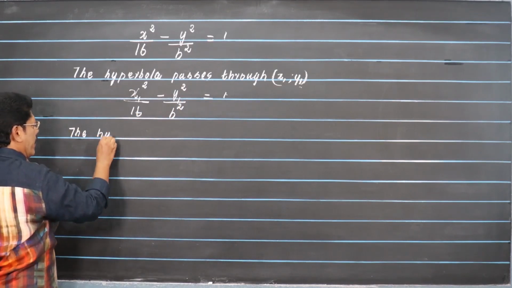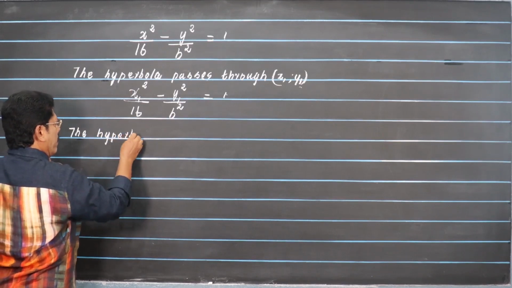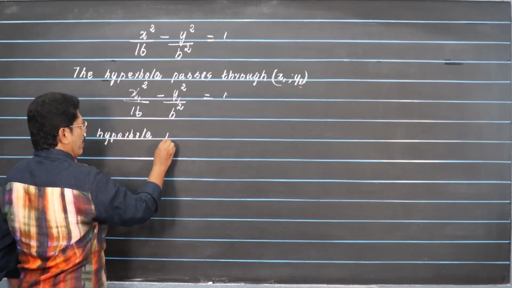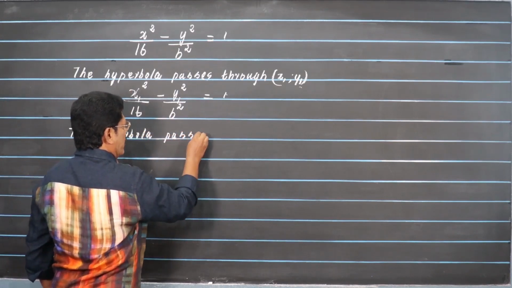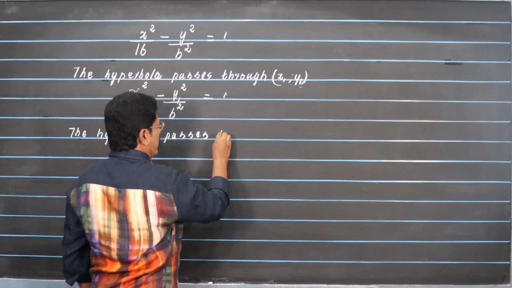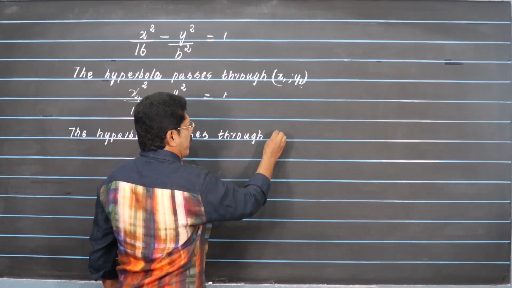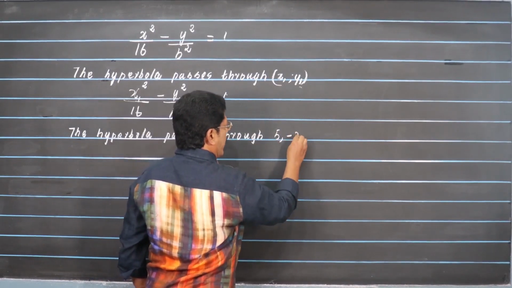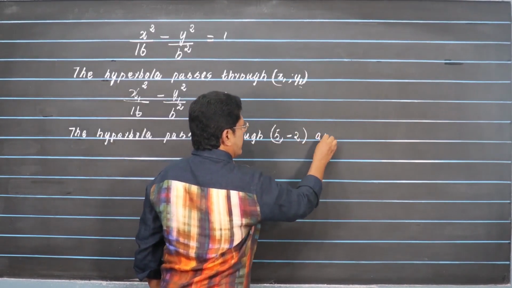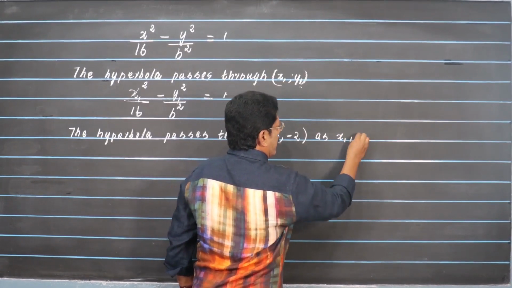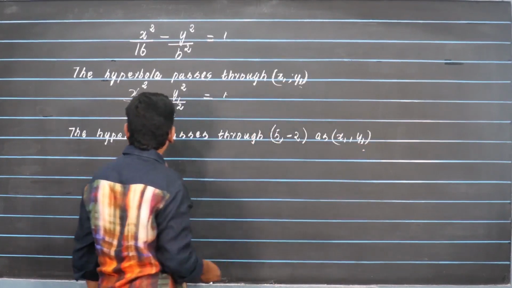The hyperbola passes through (5, -2) as (x1, y1).